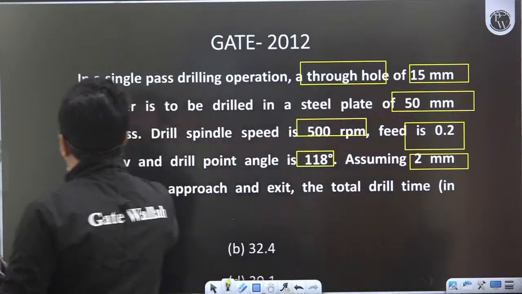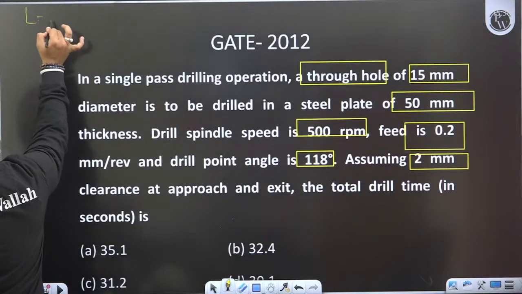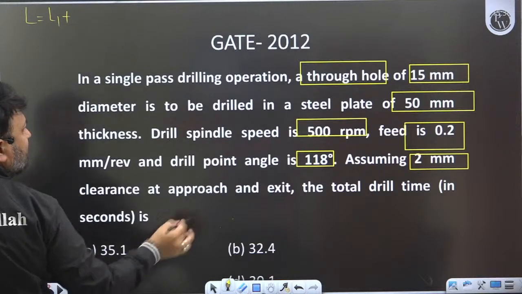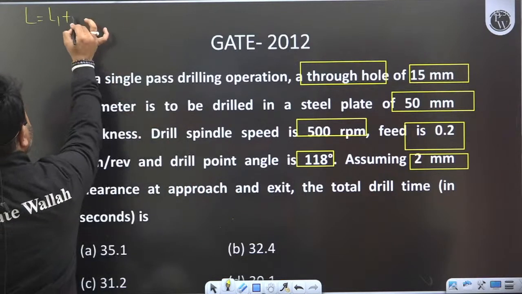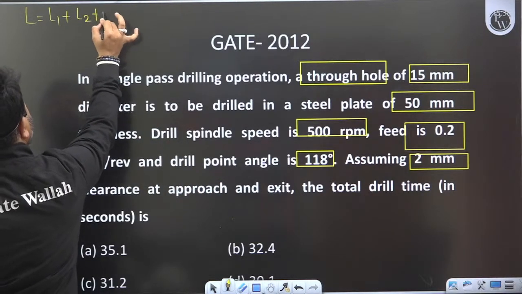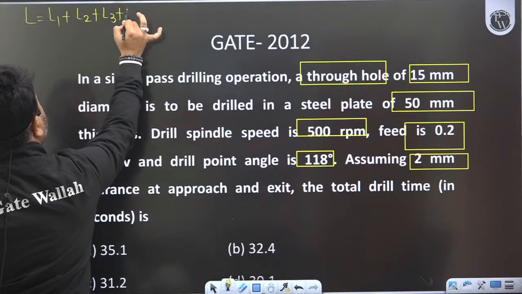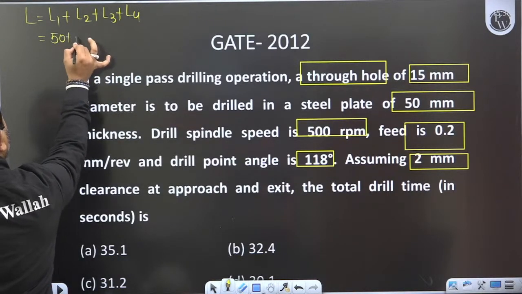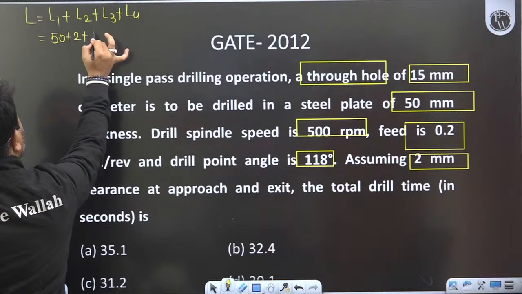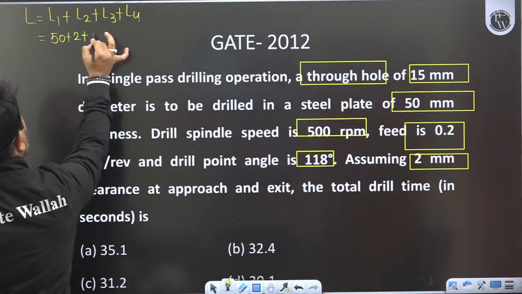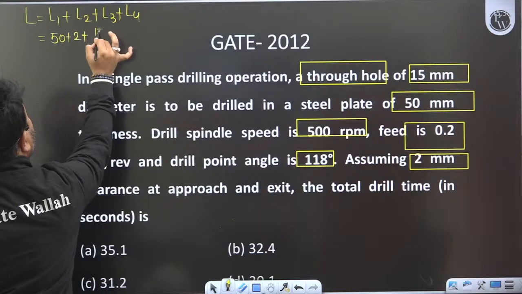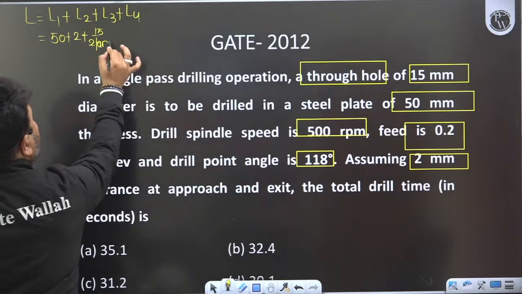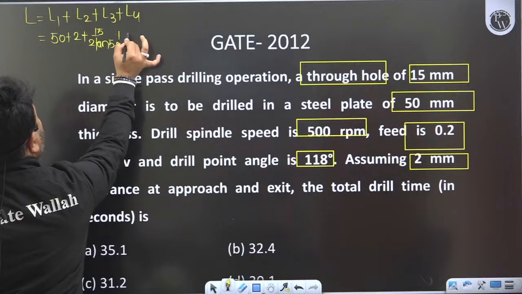So we need to find the total length, that is L1 plus L2 plus L3 plus L4. L1 is the thickness, that is 50. L2 is the approach, 2. L3 is what? D by 2 into tan 59, that is 15 by 2 into tan 59.